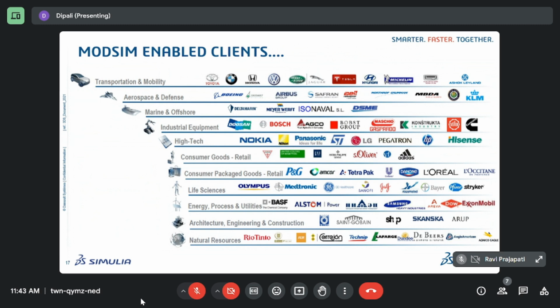These are companies from various segments such as transportation and mobility, aerospace, and high tech. You just name any company, they are using our MODSIM platform.